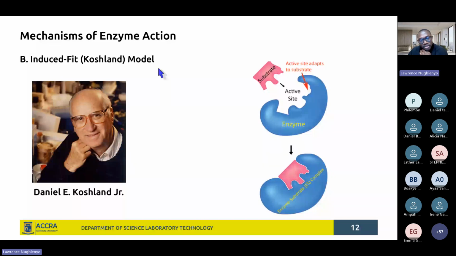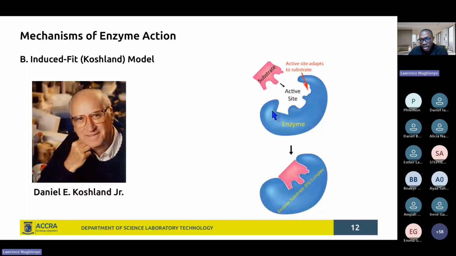So Koshland built on the proposal of Fischer, to propose dynamism of the structure of the enzyme, to say that the enzyme is not static. It is actually flexible, so that you have the enzyme.